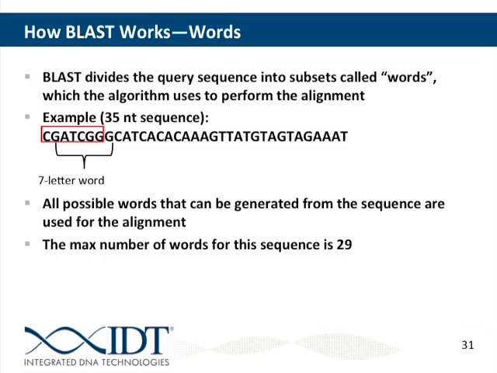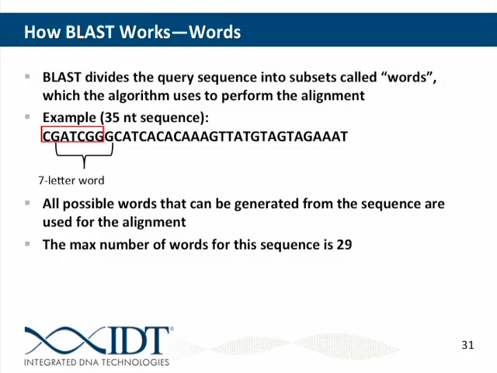Again, BLAST divides the query into subsets called words, which the algorithm then uses to perform the alignment. Here's an example of a 35 nucleotide sequence. You can set BLAST to look for different numbers of words. 7 letters is one of the settings and the one that we recommend using when you're blasting.